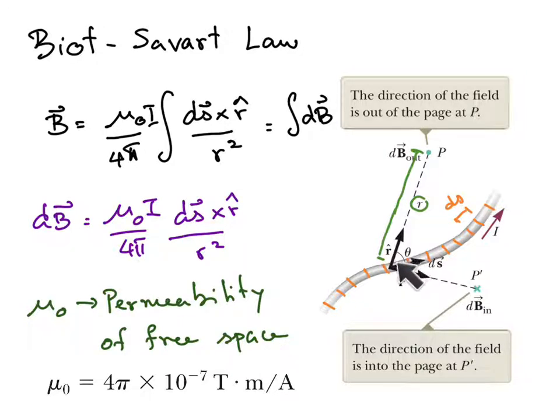it produces the magnetic field dB, where dB can be calculated from the Biot-Savart law in this form.